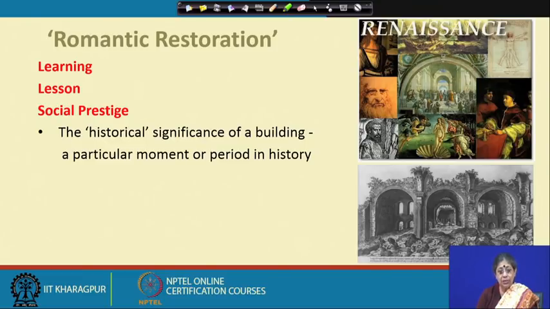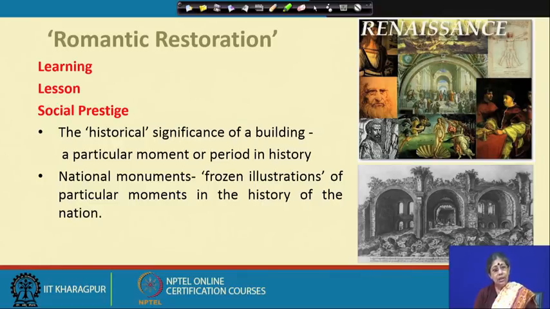As we say, it basically started in the Renaissance time, and we see some of the Roman heritage. The experts and people who believed in this type of restoration tried to capture, restore and preserve, or to learn lessons from the monuments which generally were built during the Roman and Greek time, the classical heritage.